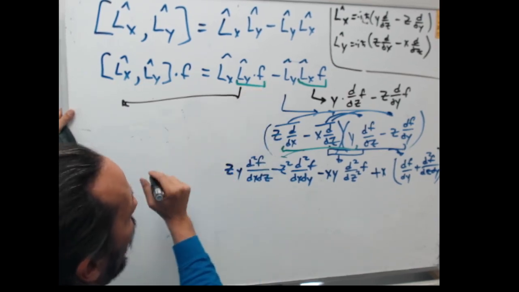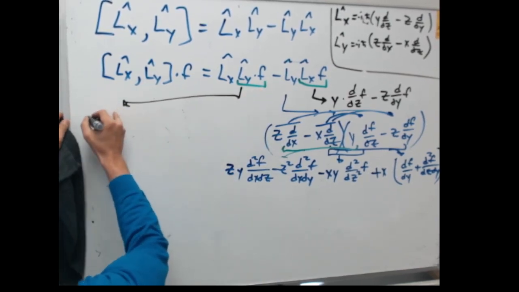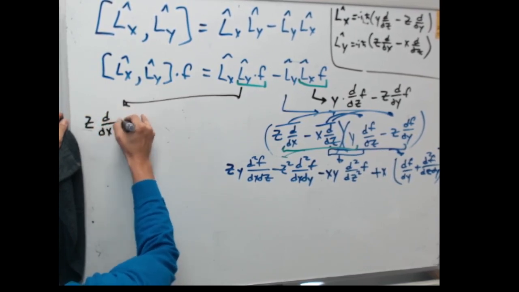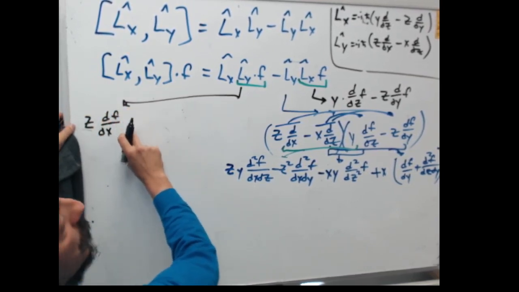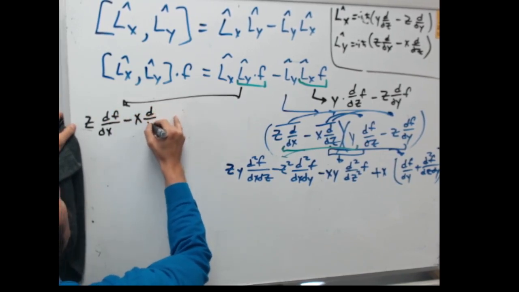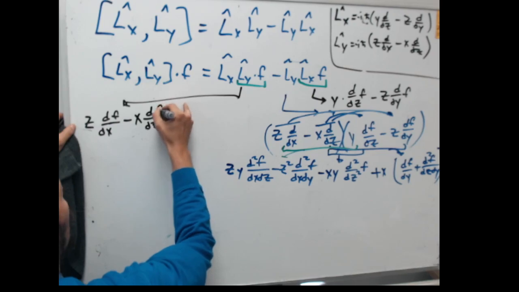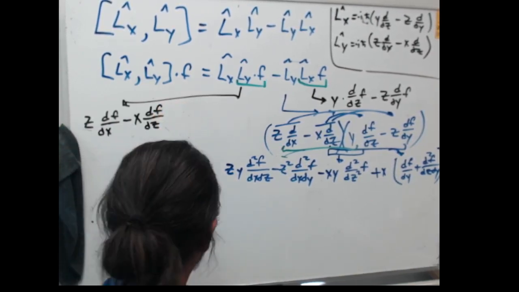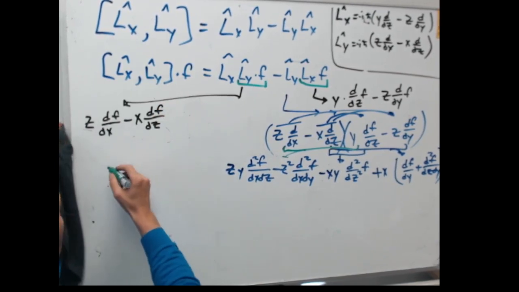So Ly on F is going to be z d by dx of f minus x d by dz of f. Then, and again, I'm switching colors to try and make it so I can tell the difference.